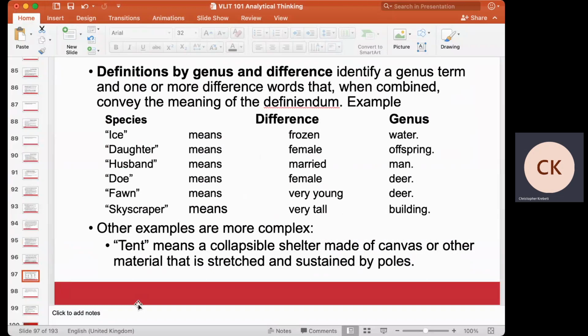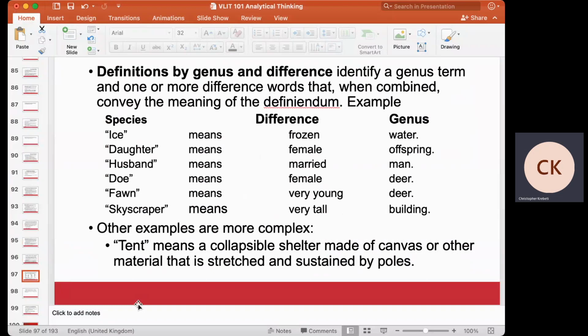So let's look at the word ice. Ice means frozen. And the genus word is what? Water. So ice becomes the species. Daughter means female, and the genus term is offspring.